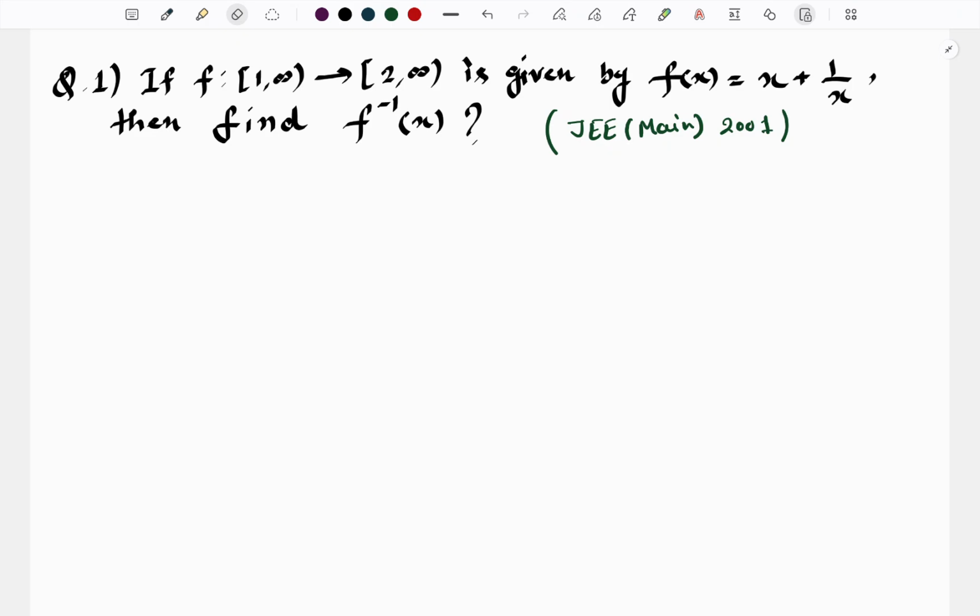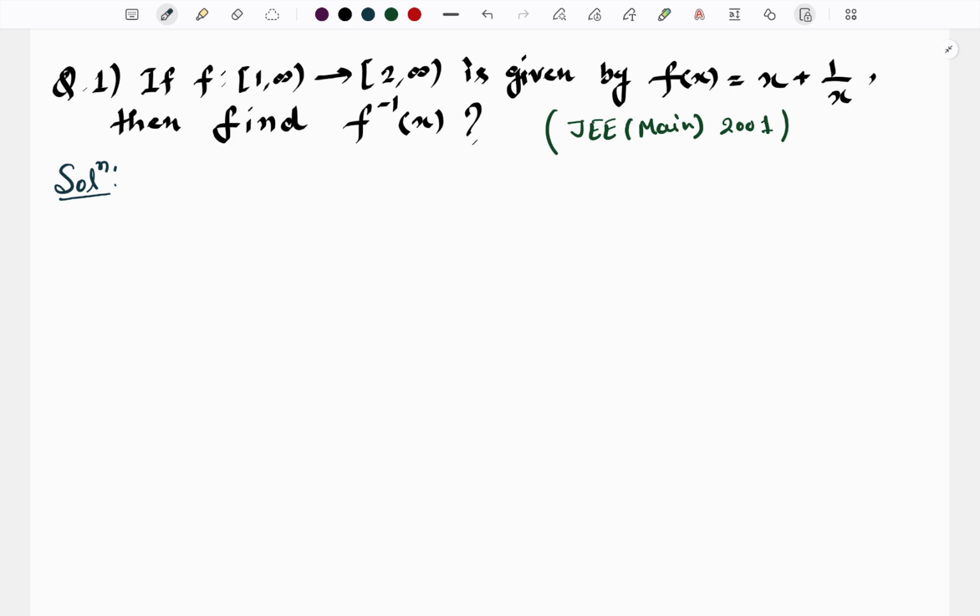So what we do in this problem, I'm just solving it, finding the solution. First of all, if the inverse of a function exists, the function should be bijective. It means it should be a one-one onto function.